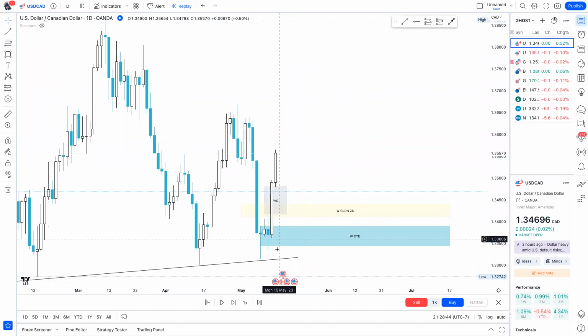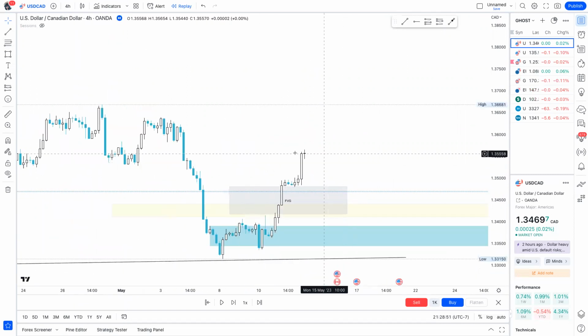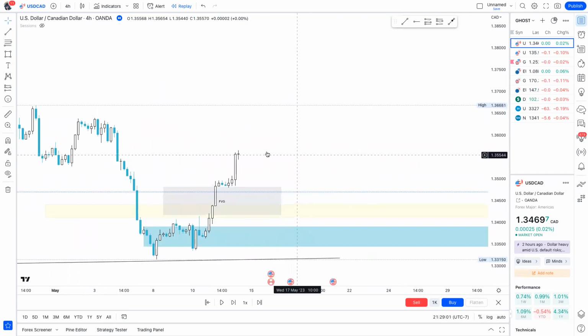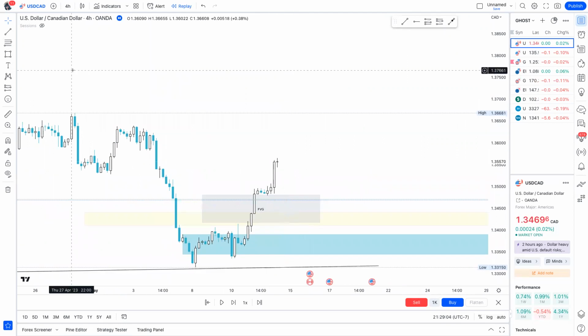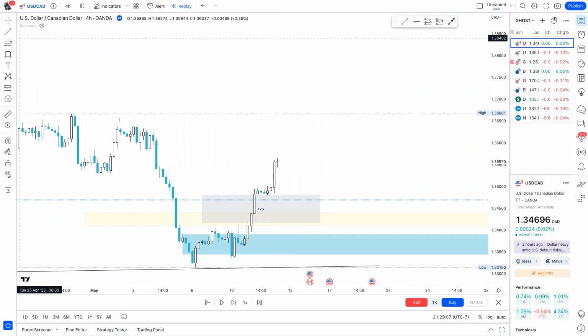So I want to zoom in really quickly just to make sure I'm not missing any other points of liquidity that could get grabbed, because you could be entering a buy right here and price wicks up this way and stops you out, and then it sells and you're like, what the heck? I was right, but it stopped me out anyway. What's going on? Well, that's because there is liquidity right here as well.